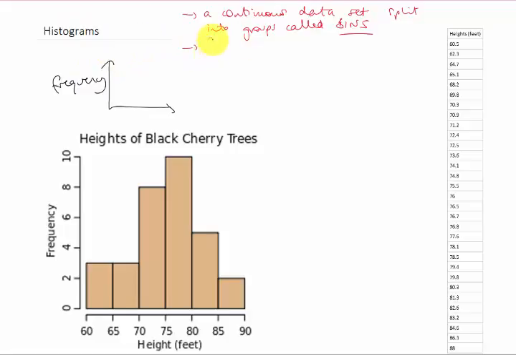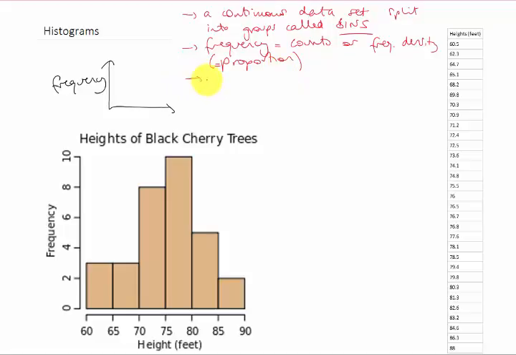Let's write that here. So that's frequency, which is count, or something called frequency density, which is a proportion. That could be the percentage of trees with a certain sort of height.